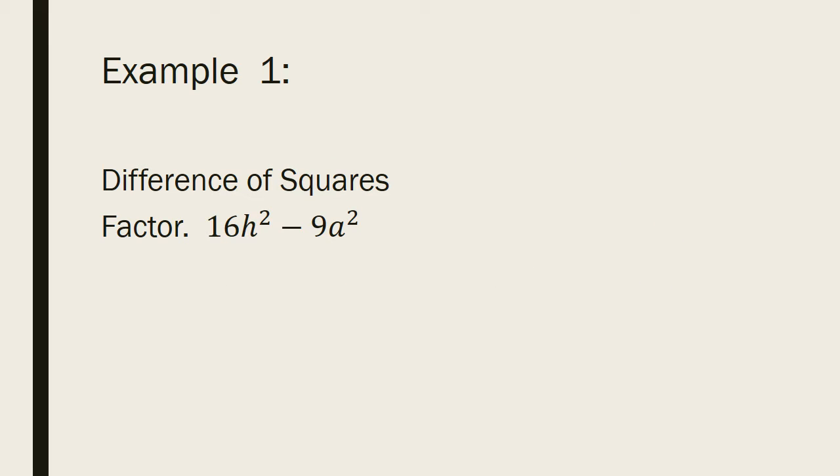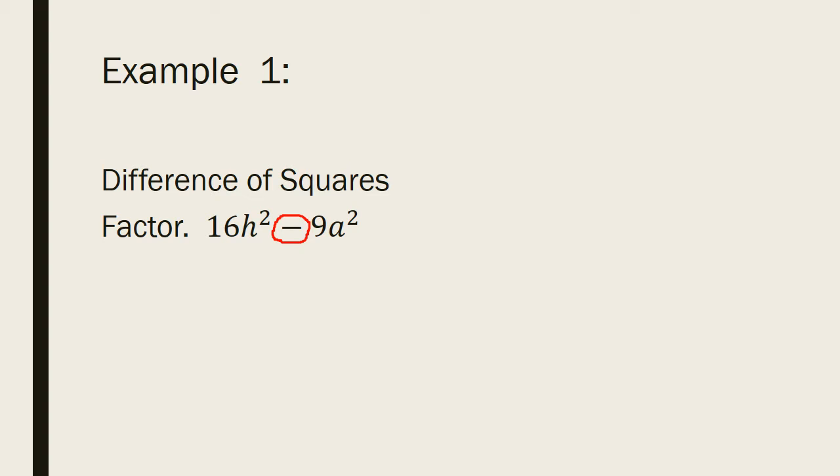Well, difference we know means subtraction. And squares, what they mean by that is perfect squares. So in order to do these type of problems, you need to have a subtraction sign, okay, which is what we have right here. And then you need to have perfect squares.